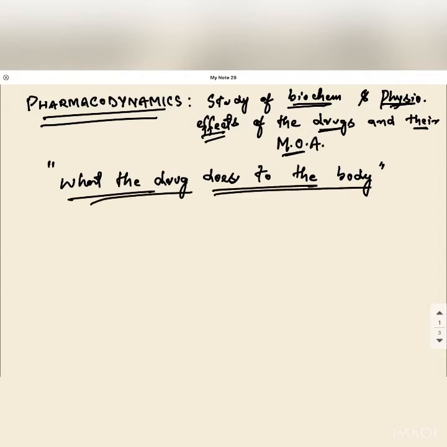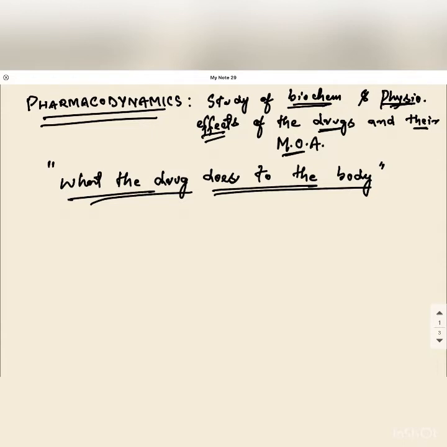If you are consuming any drug, what is the effect of the drug on the body, what does it do to the body? It can be any kind of drug, we can quote thousands of examples. We study it at every level: organ level, tissue level, subcellular level, macromolecular level. All these things are included in it.